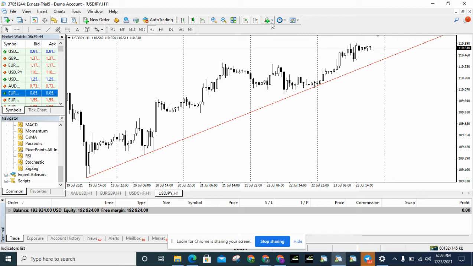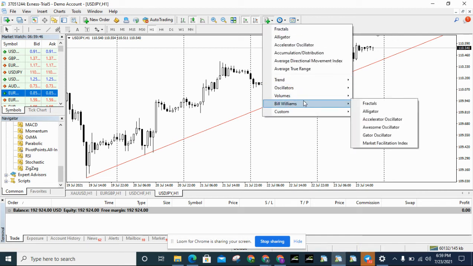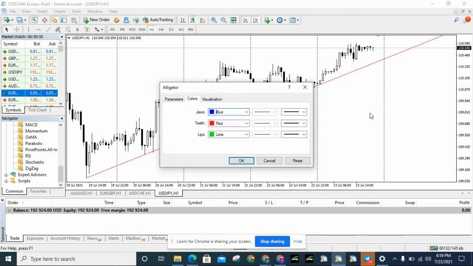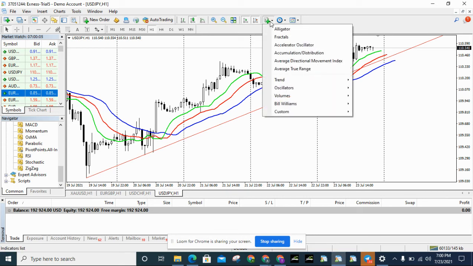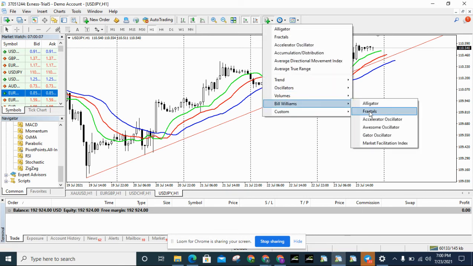Let me jẹ́ ká wá add Bill Williams wá báyẹn. We add our alligator. Yes. So alligator is telling us that the market is still on buy. The buyers are still in control. So let me add fractals.